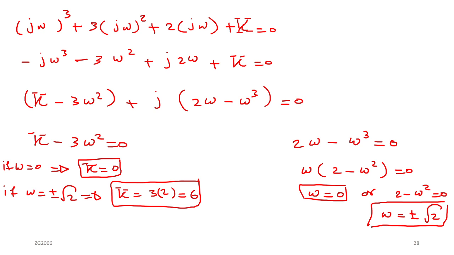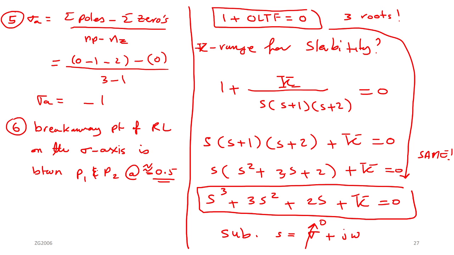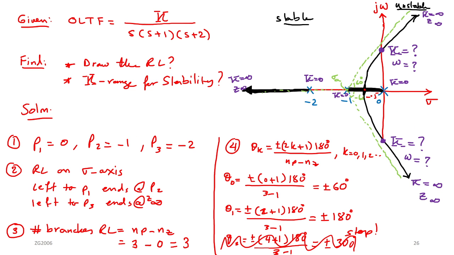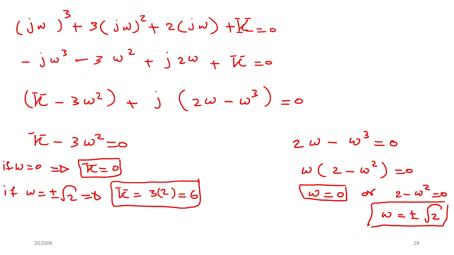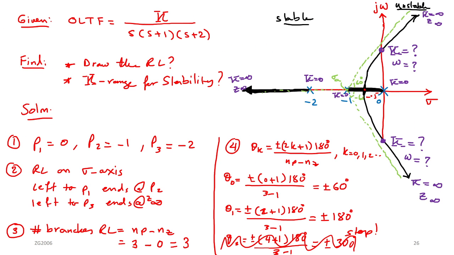Which are these 2 points, so this is omega plus square root of 2, this will be 6. This one also same thing, but negative square root of 2.